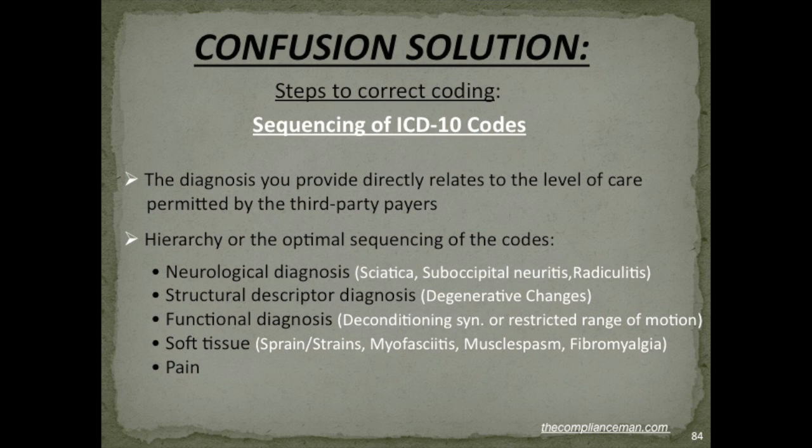The next would be functional diagnosis, such as deconditioning syndrome or restricted range of motion. Then soft tissues such as sprain strains, myofasciitis, muscle spasm, or fibromyalgia. Pain would be the last diagnosis that you would want to use sequentially.